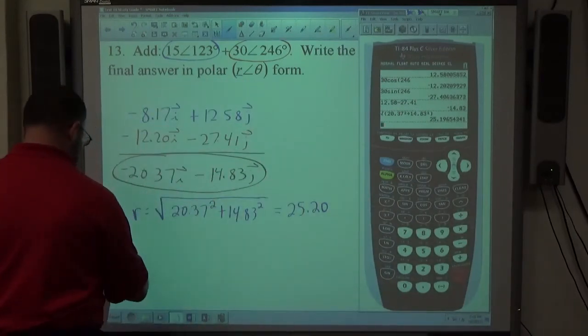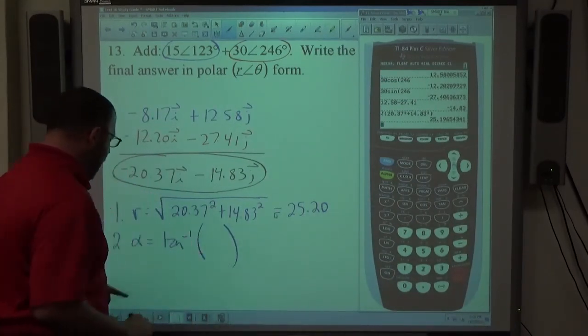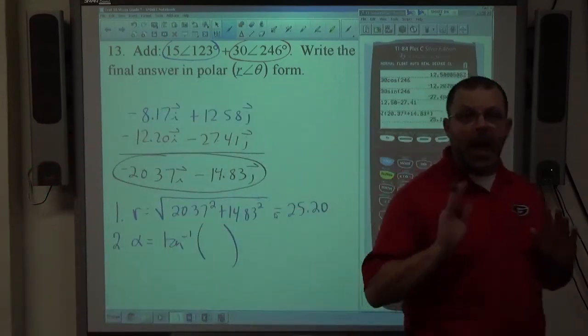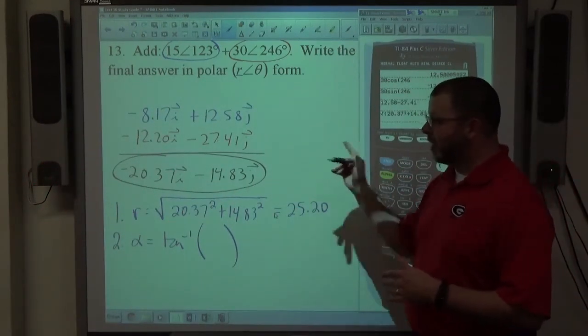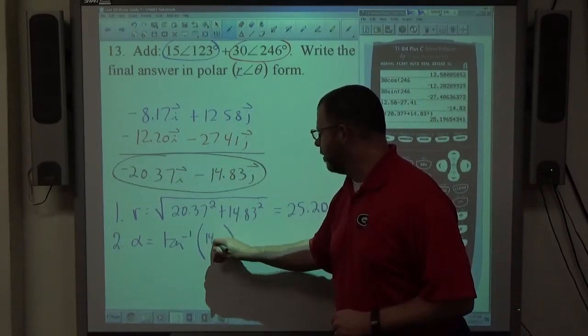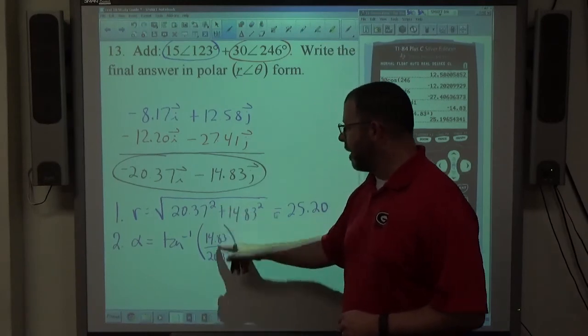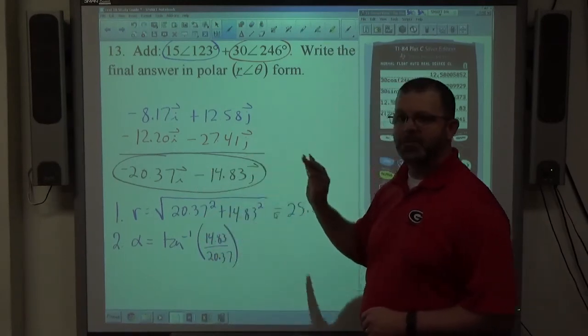Step 2, we're going to find alpha. Alpha is always the inverse tangent of the absolute value, so ignore the minuses again. We take the vertical over the horizontal, 14.83 over 20.37. These two steps both require you to use these two numbers as positives.